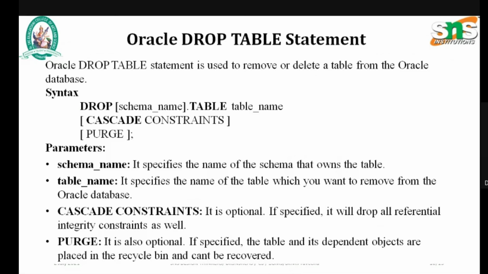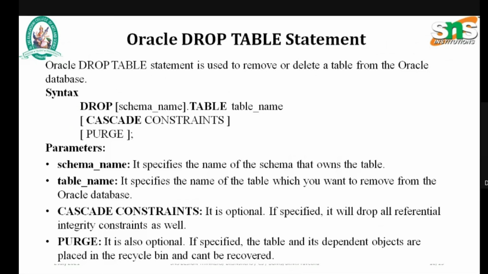Next, Oracle drop statement. The drop statement is used to remove or delete a table from the Oracle database. Mainly to remove or delete a table, we use this drop statement. Drop table schema name, table name, cascade constraints, and purge. So the parameters used here are schema name, table name, cascade constraints, and purge.